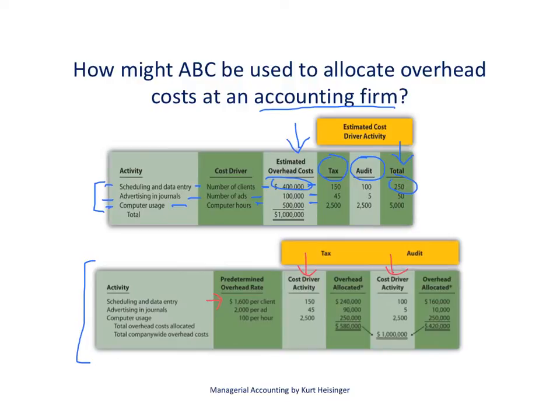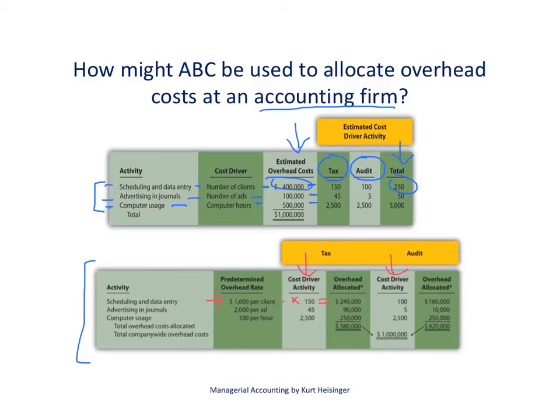So for example, scheduling and data entry, we're going to take $1,600 per client and multiply that times the 150 clients that are associated with the tax area, and that gives us the balance of $240,000. So $240,000 in overhead will be allocated to the tax department.